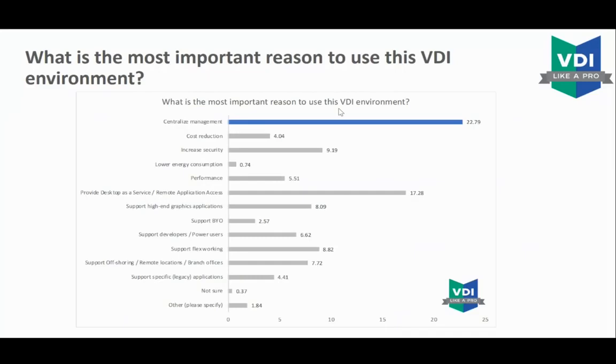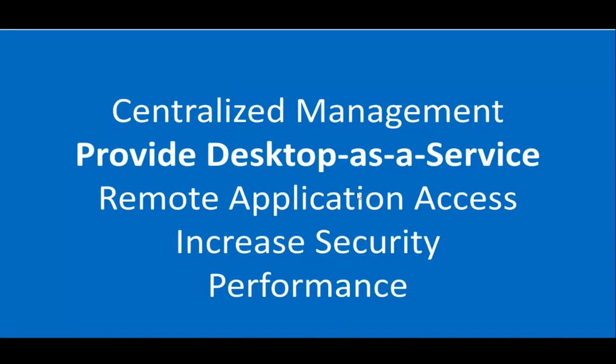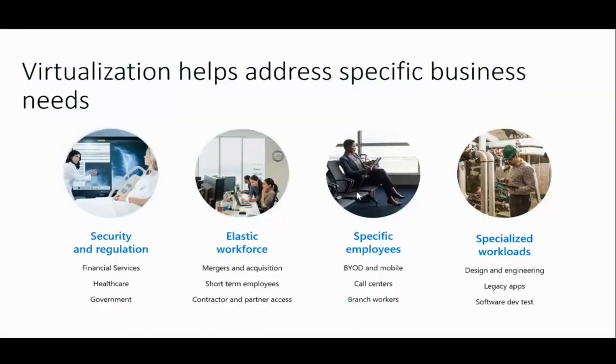So this is the statistic on why customers normally go for a VDI environment, and what flexibility they are currently looking for: centralized management, providing DaaS, which is desktop as a service, for remote application access anywhere, with increased security and increased performance as well.